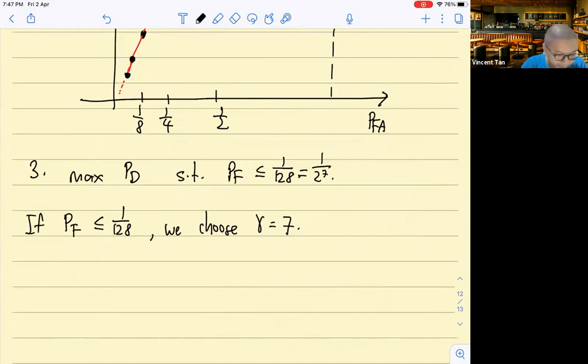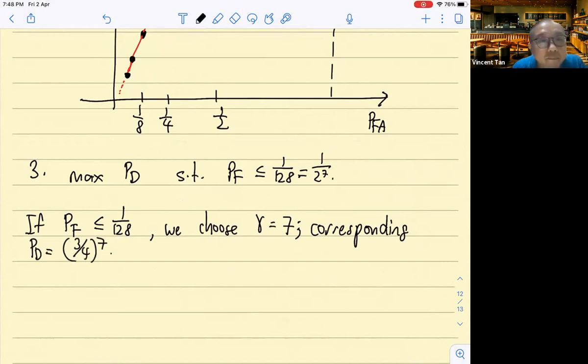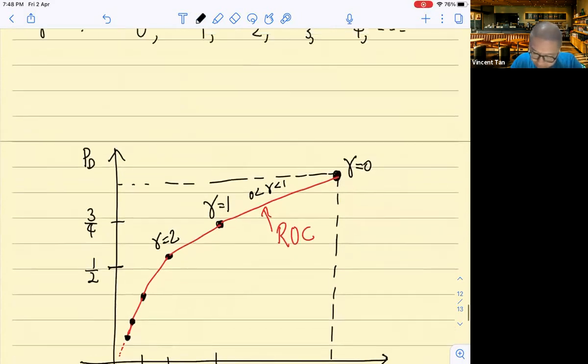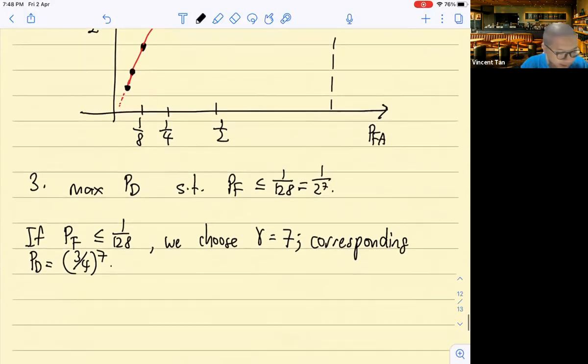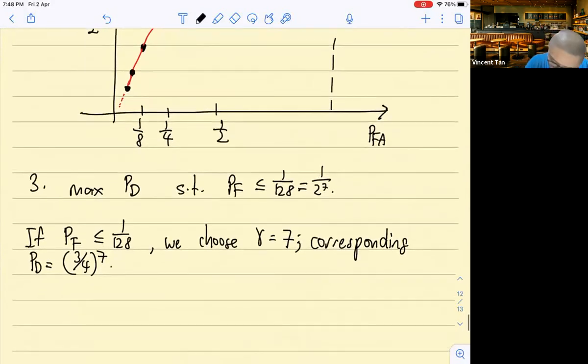And the corresponding probability of detection will be equal to 3/4 to the power 7. All right, that is the best possible. Okay, so that is that. The best probability of detection is this much.